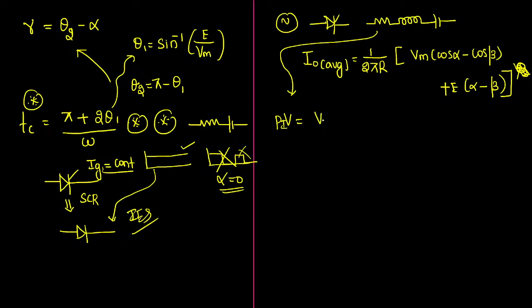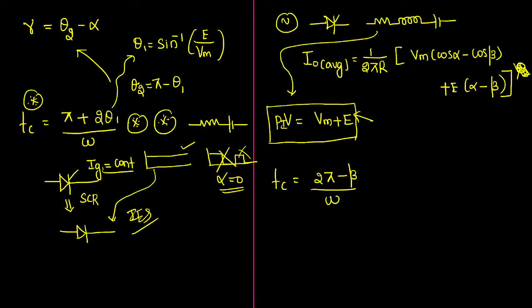In this case, both polarities add up, so the value of Vm plus E appears at the output, that is, the thyristor will drop it. So the maximum voltage that can be blocked by the thyristor is Vmax plus E, most important term. Next, it is time to explore the value of circuit turn off time. That will be very easy, as usual, 2 pi minus beta by omega. No changes. Okay, fine, sir.